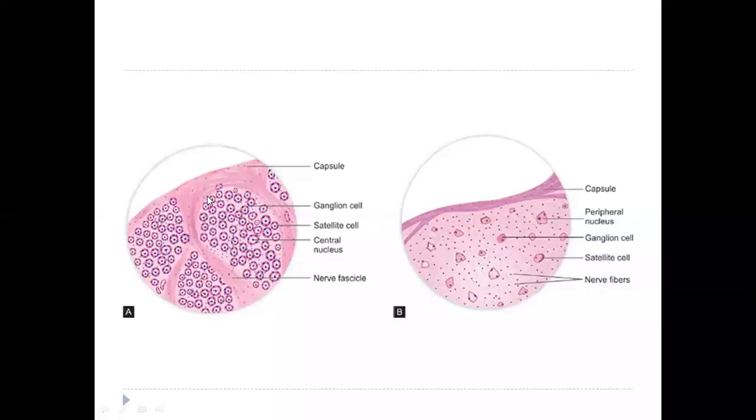In the spinal ganglion, the cells are arranged in groups separated by nerve fibers. For sympathetic, the neurons are just scattered. And for the spinal ganglion, the satellite cells are arranged completely surrounding the neuron. Here, satellite cells are few and just scattered about.